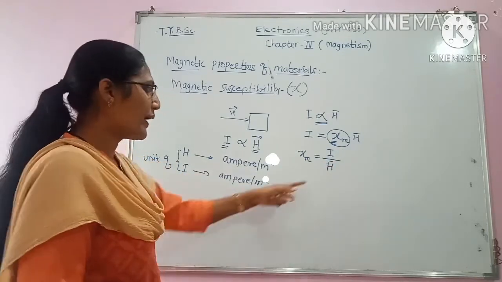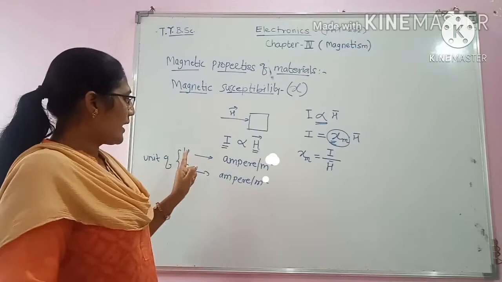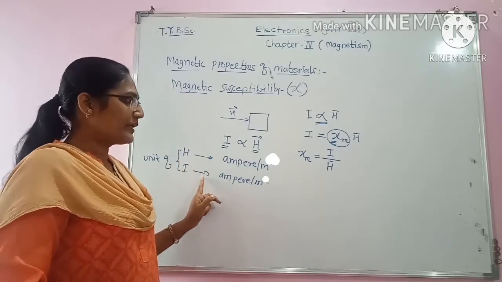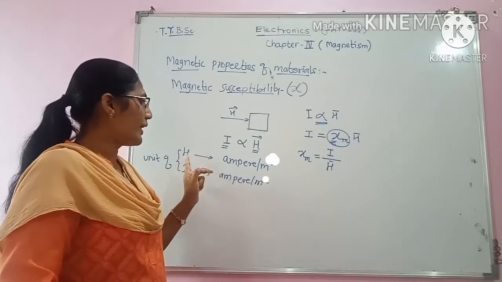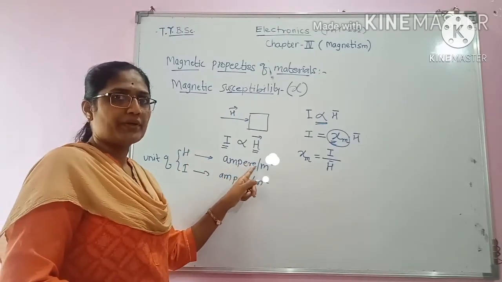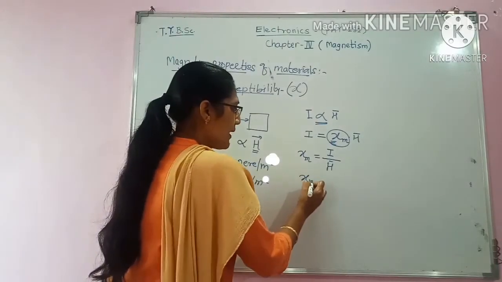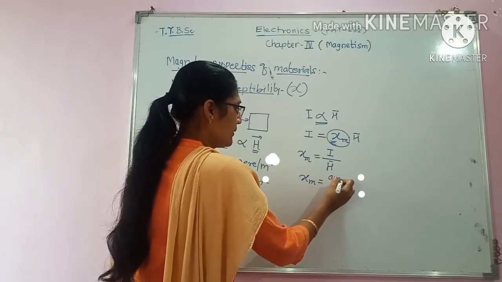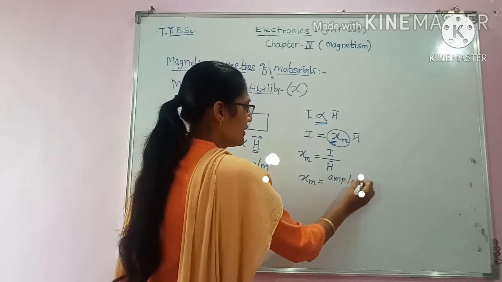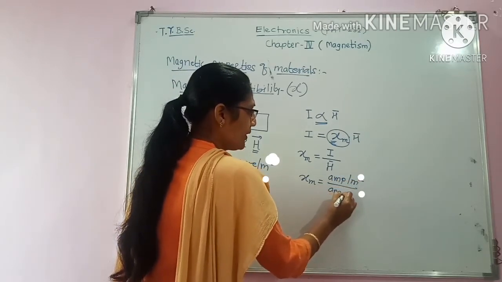Just now I have told you that the unit of intensity of magnetism is ampere per meter, and the unit of H is also ampere per meter. So chi m, or the susceptibility, is ampere per meter divided by ampere per meter.